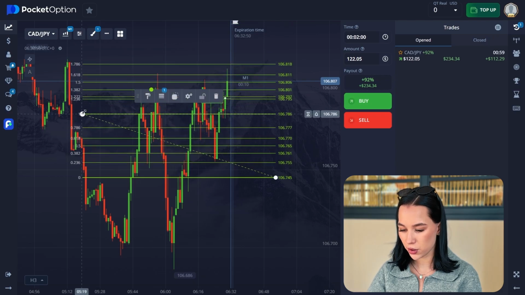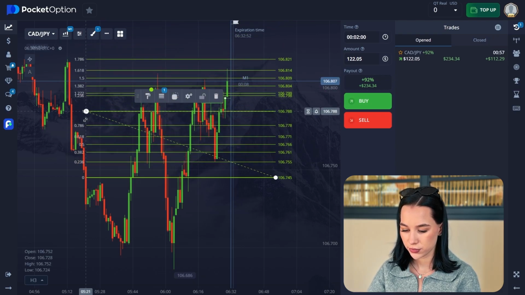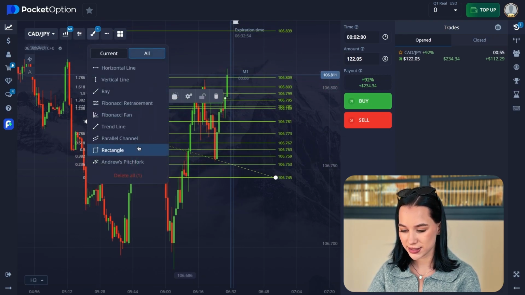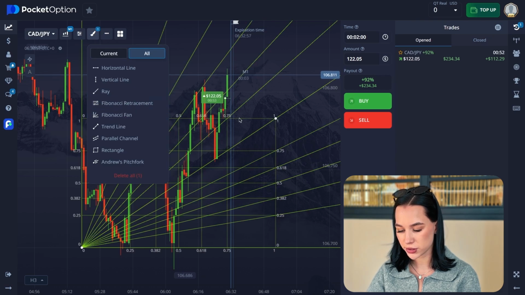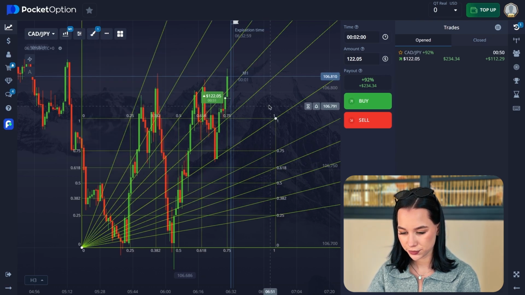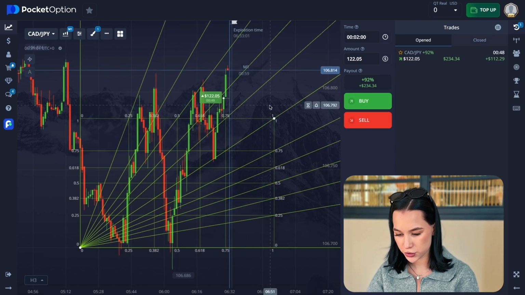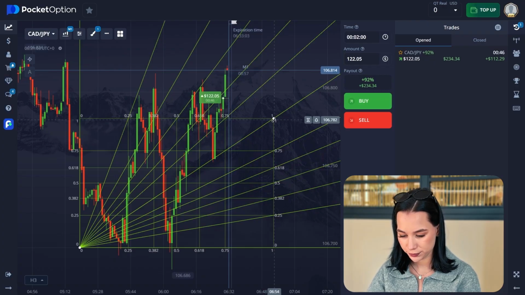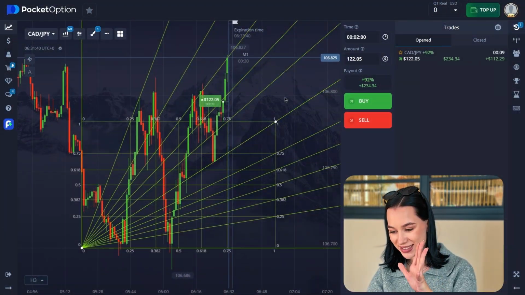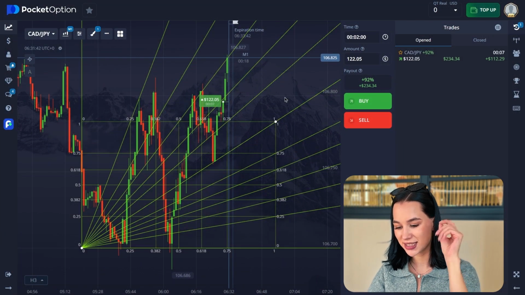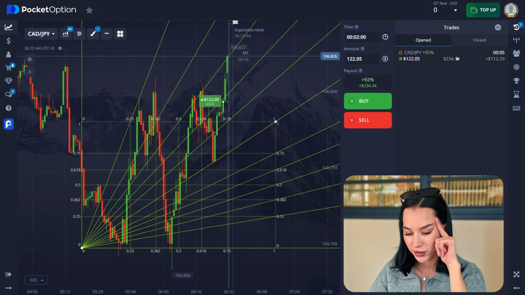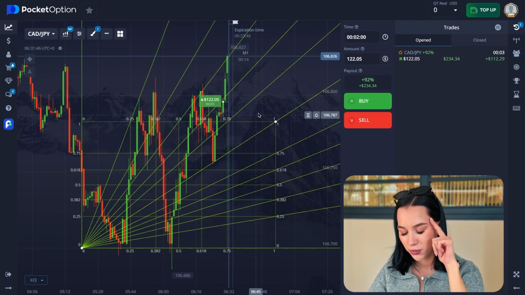And you can also change here the size of your horizontal lines. We just use it the classic way. Okay, 8 seconds. 7, 6, 5, 4, 3, 2.